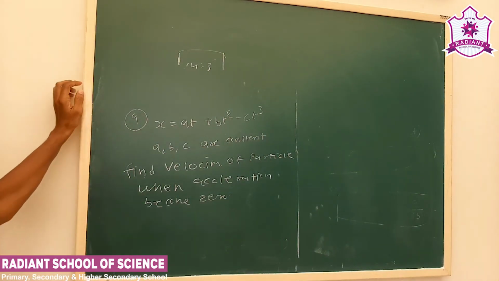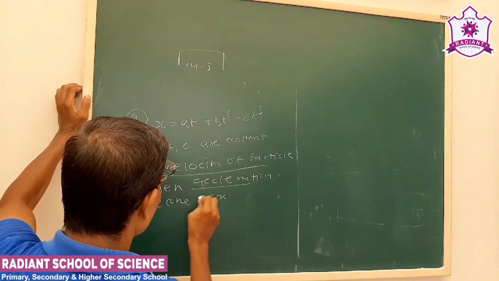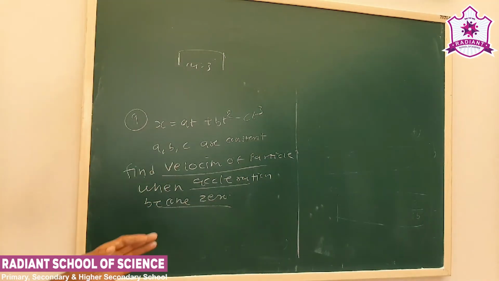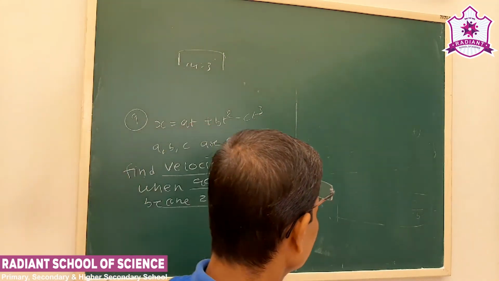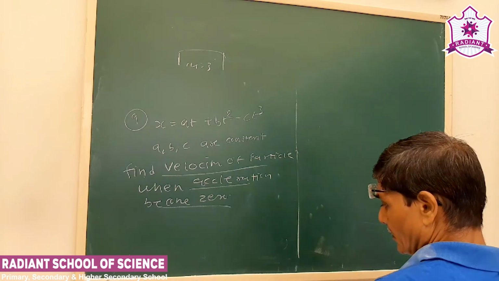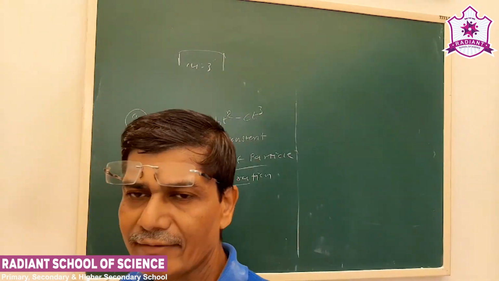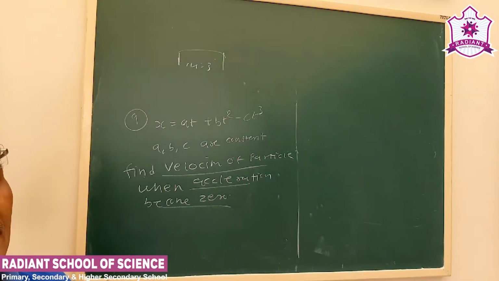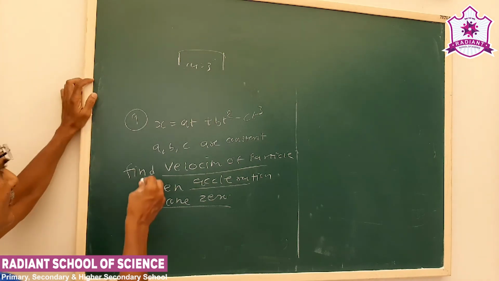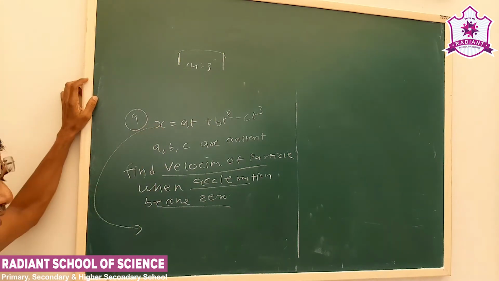Now see what you have to find out: the velocity of the particle when acceleration becomes 0. Just now we have seen that by taking the derivative of displacement two times we get the value of the acceleration. So first we obtain the value of the acceleration.